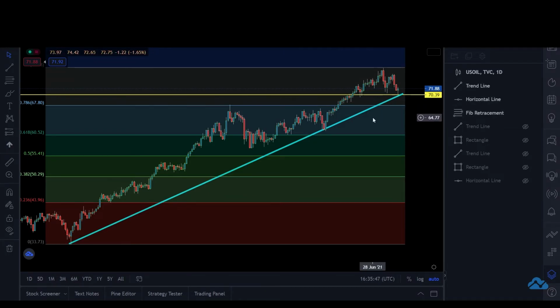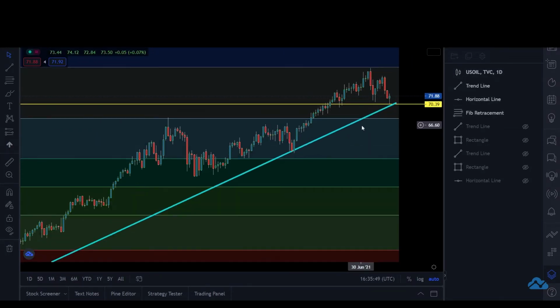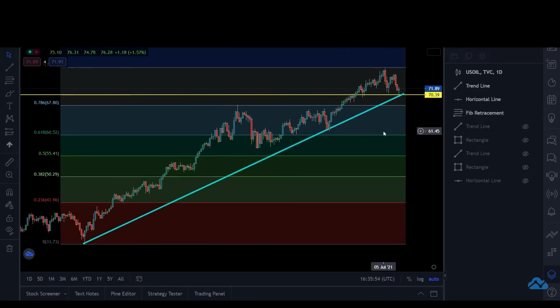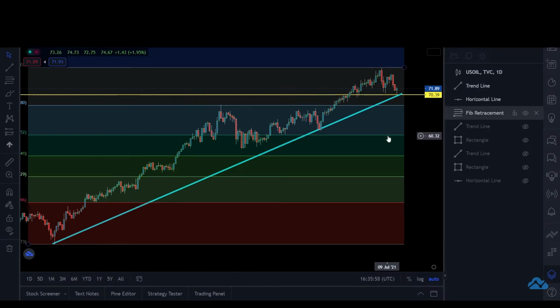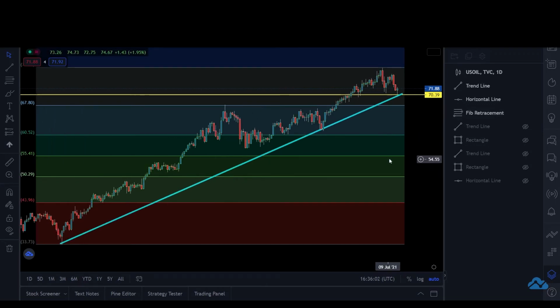You could watch for activity here, like at the 78% level. You see it start rejecting this level, you could re-enter sell positions. You watch for the 61% level, and you see it rejects those levels on pullbacks, you could re-enter more sell positions. Breaks below the 50% level, re-enter more.